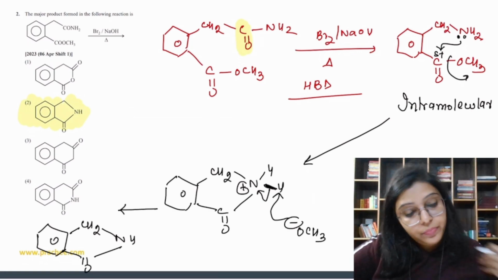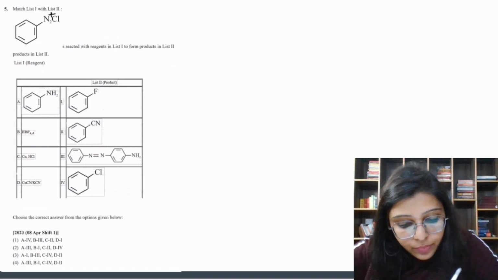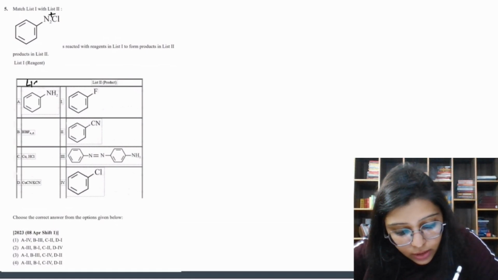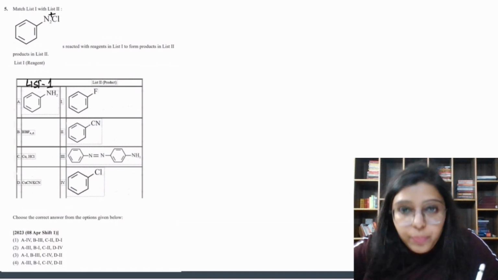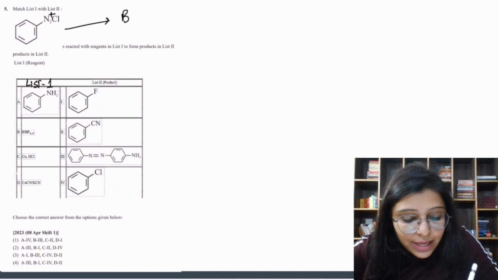Now next question. We have N2 plus and Cl minus reacted with reagents in list 1 to form products in list 2. So N2 plus Cl minus is benzene diazonium chloride.